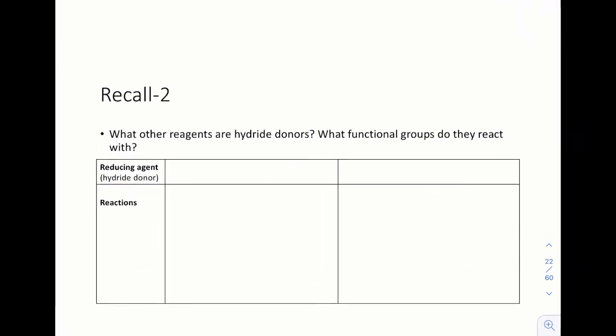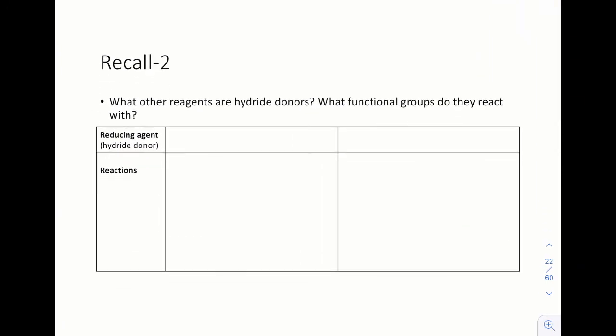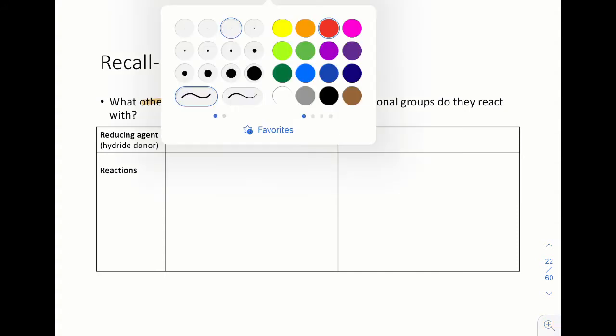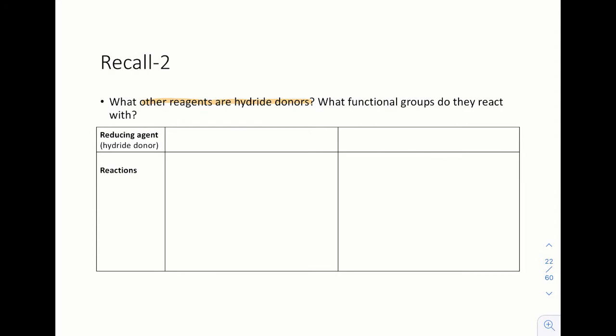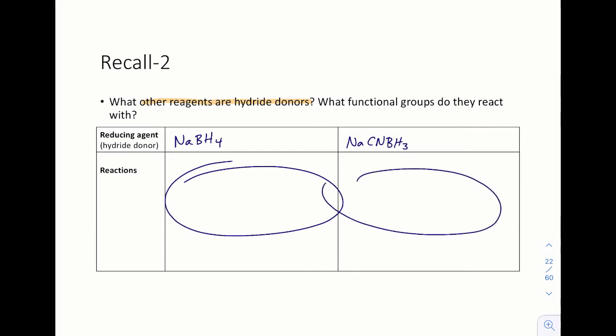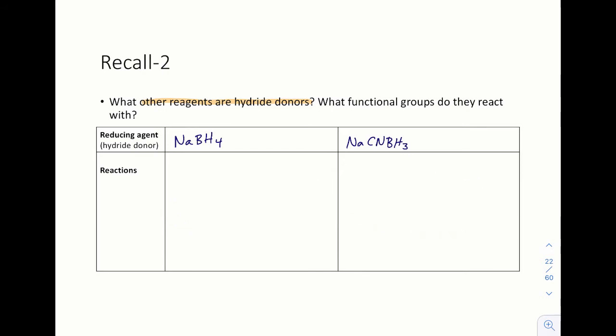Let's think about other reagents that are hydride donors and what functional groups they react with. I can give you some hints. There's 2 hydride donors we've previously discussed, sodium borohydride and sodium cyanoborohydride. So see if you can remember the reactions involving these 2 species.